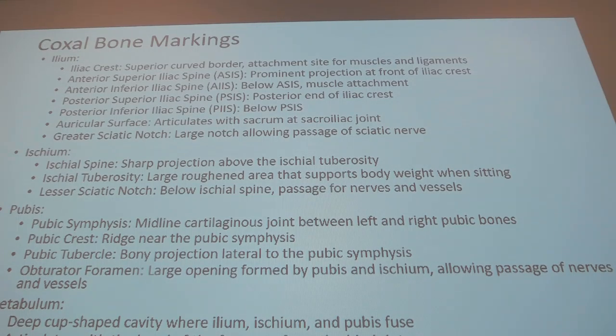That's the sciatic nerve. And there is a tiny spine just below this greater sciatic notch, which is called the ischial spine. And then below this ischial spine, we have the lesser sciatic notch.